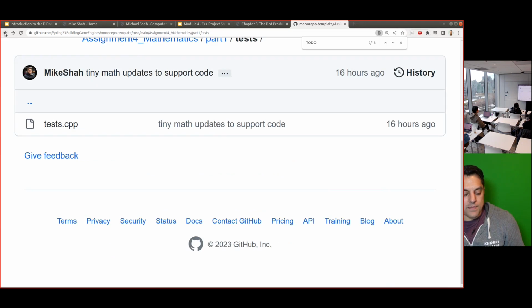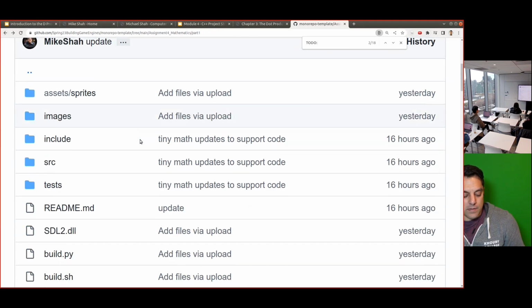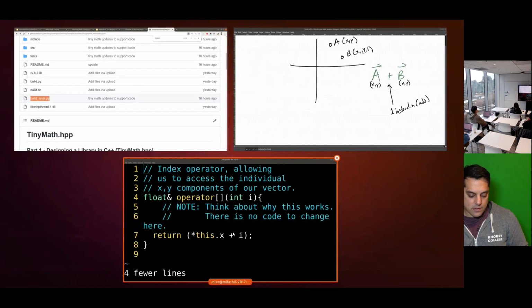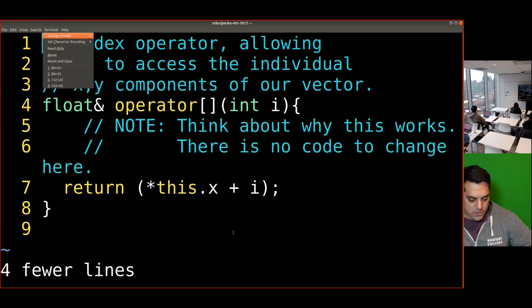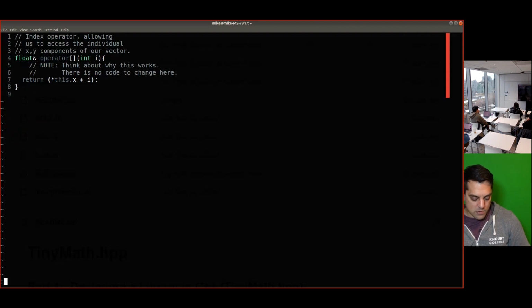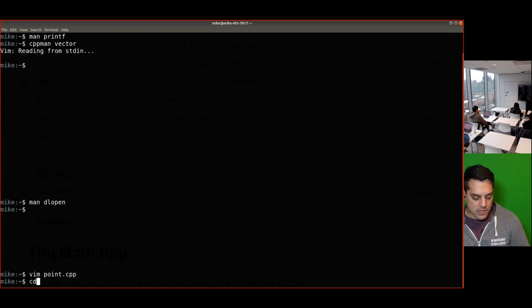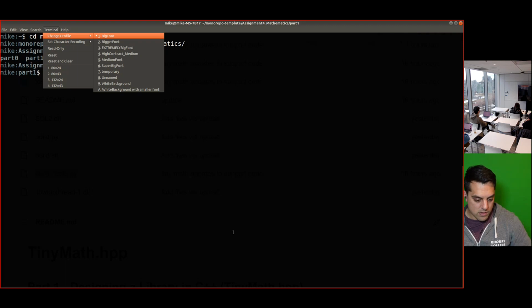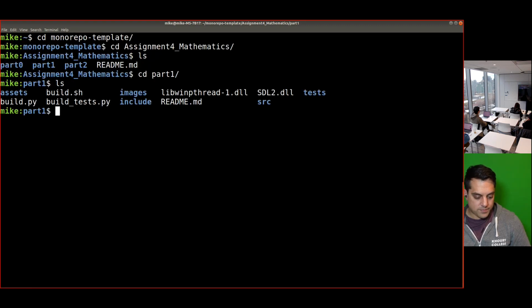And then to actually run it, what I've included to make this a little bit easier is a build_tests.py. So let's see, I believe I have this up and running so I can show you, or at least capture it on our recording here. So if I cd into assignment 4, part 1, I'll make this bigger.